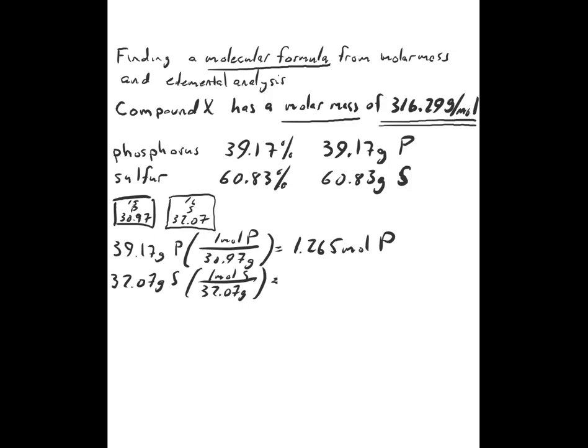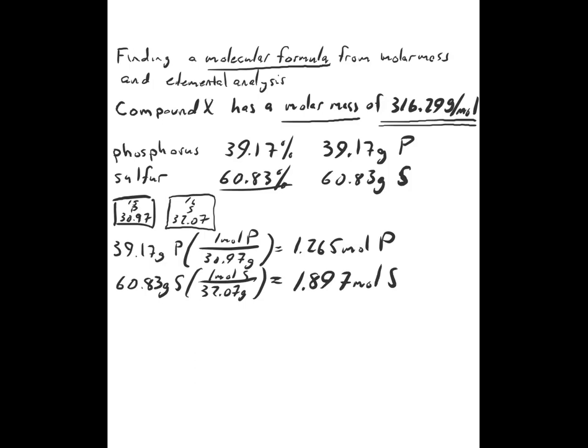Okay, so 60.83 divided by 32.07, and you get 1.897 moles of sulfur. Okay, so far so good.